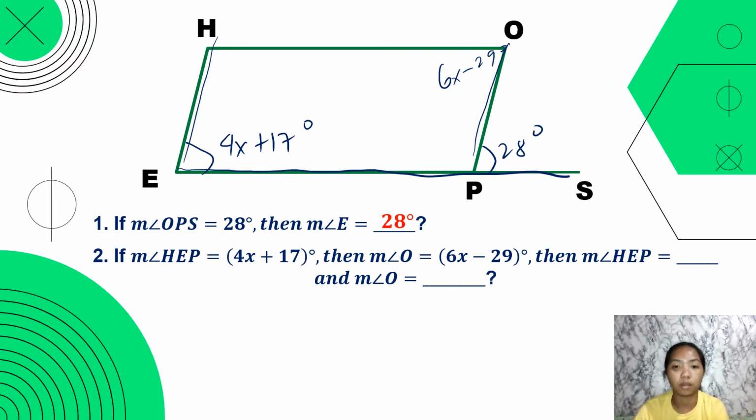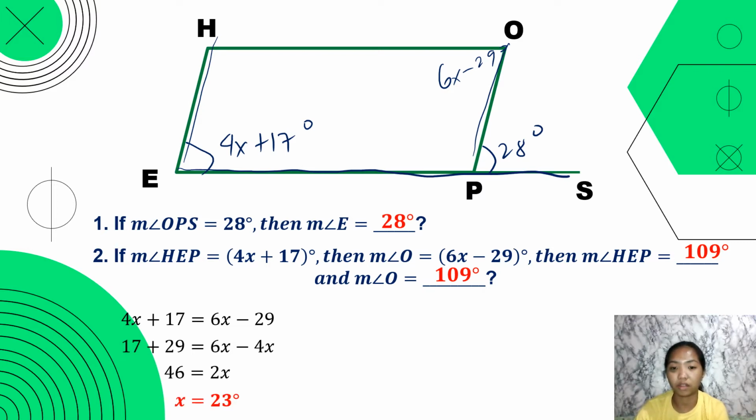Remember that these angles are equal or congruent because the opposite angles of a parallelogram are congruent. So we can say that 4x plus 17 is equal to 6x minus 29. Solving that one, we have HEP is equal to 109 degrees. And of course, the measure of angle O is 109 degrees.